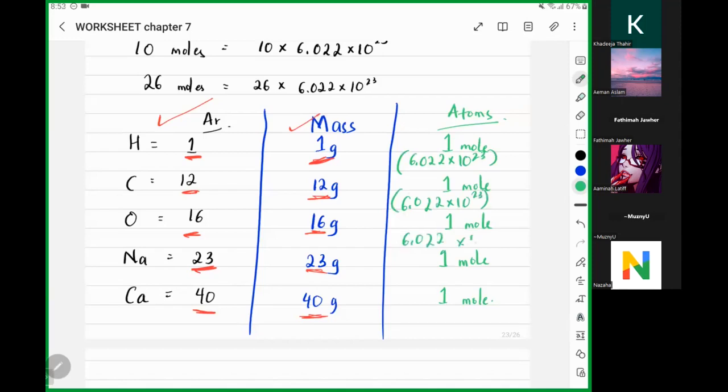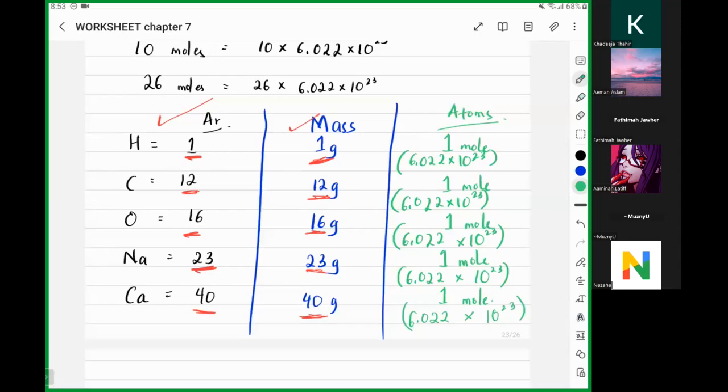That means it was always equal to a mole. Do you all get it? Yes or no? That's why he made this number his Avogadro constant, because it was a constant. He was always finding it.